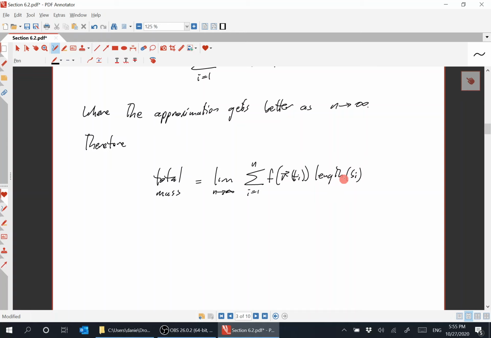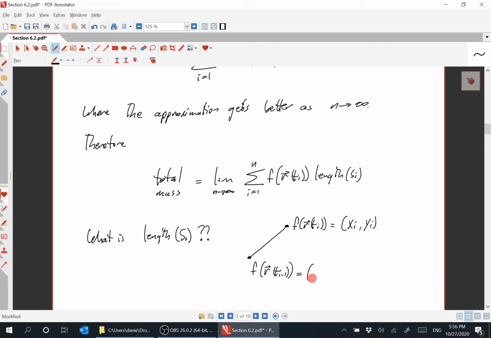What is the length of s_i? Well, this is r of t_i, we'll just call it x_i, y_i. And this is r of t_{i-1}, and we'll just call that x_{i-1}, y_{i-1}.